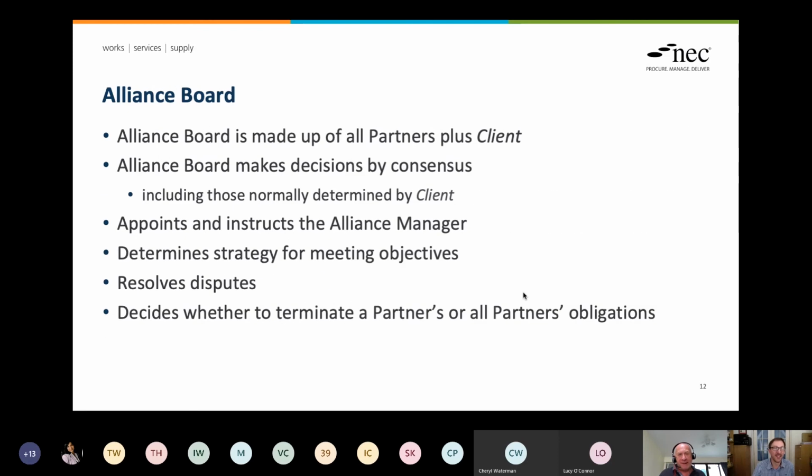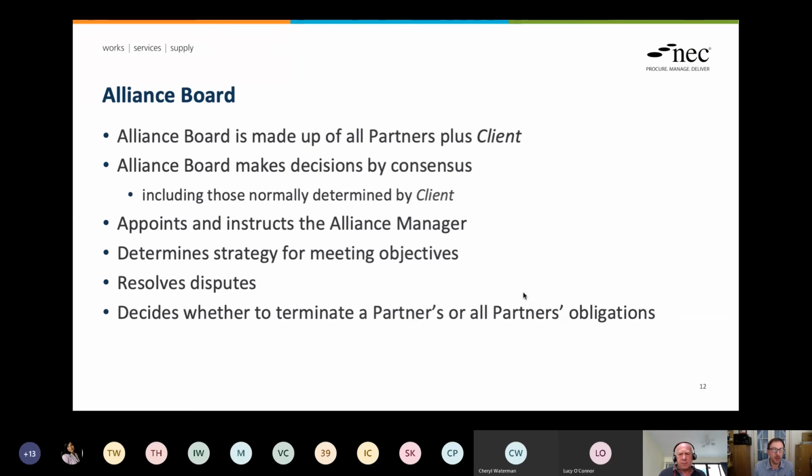Okay, so the Alliance board. Of course that's made up of the partners. We had a slide earlier with a green circle on it, which identified the key members. So these are the partners identified, along with the client themselves.